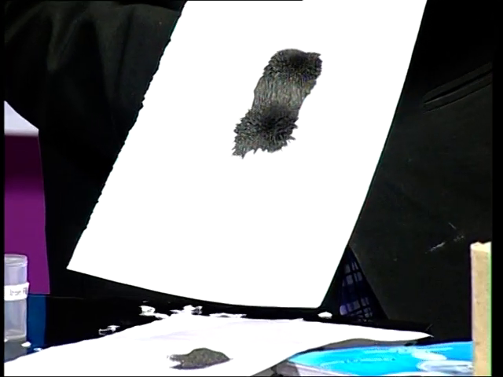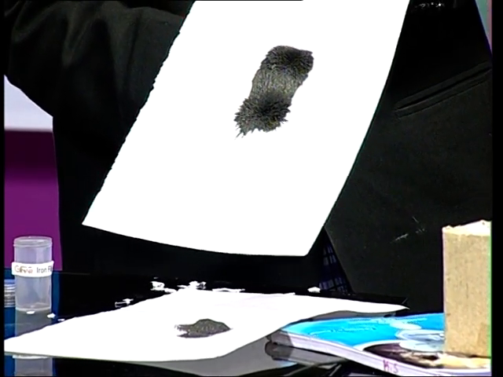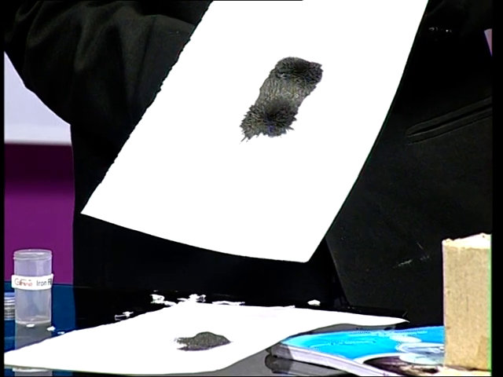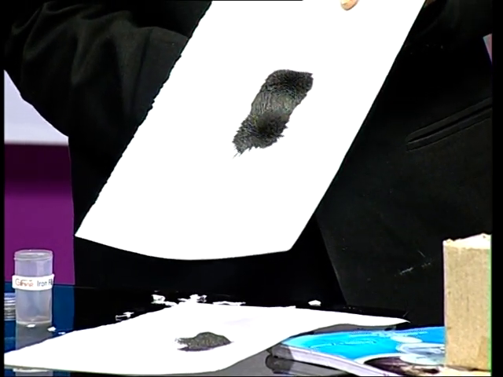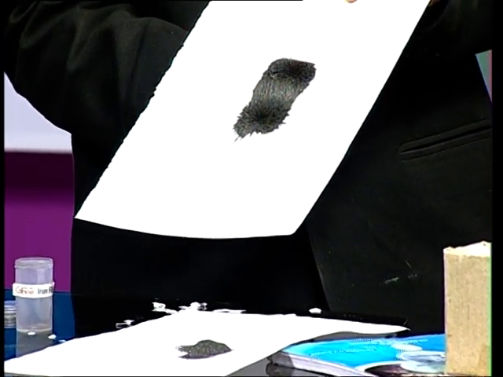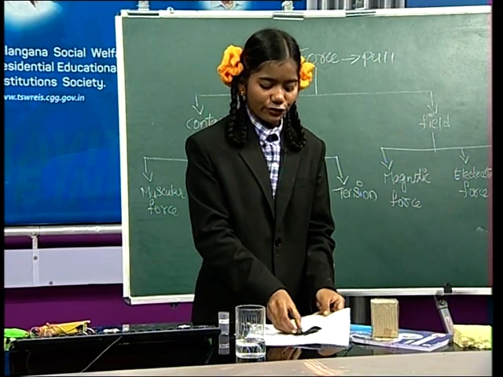Friends, here we can observe the magnetic field. The space around the magnet in which its influence can be detected is called the magnetic field.